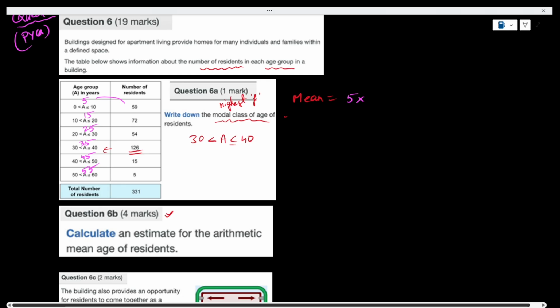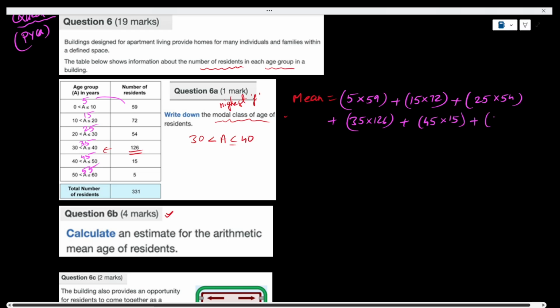So it is 5 into 59 plus 15 times 72 plus 25 times 54 plus 35 times 126 plus 45 times 15 plus 55 times 5, divided by the total frequency.